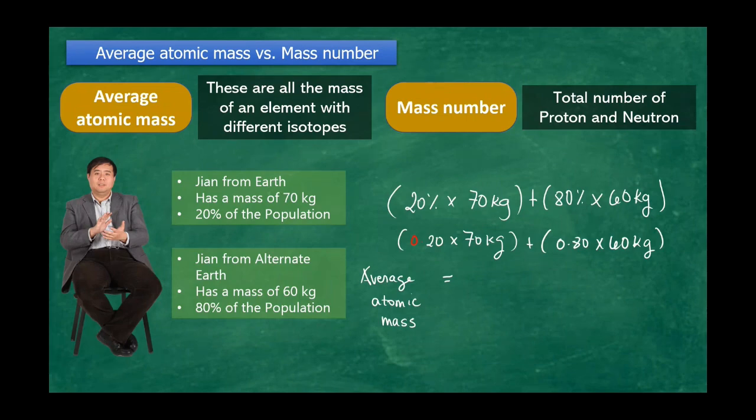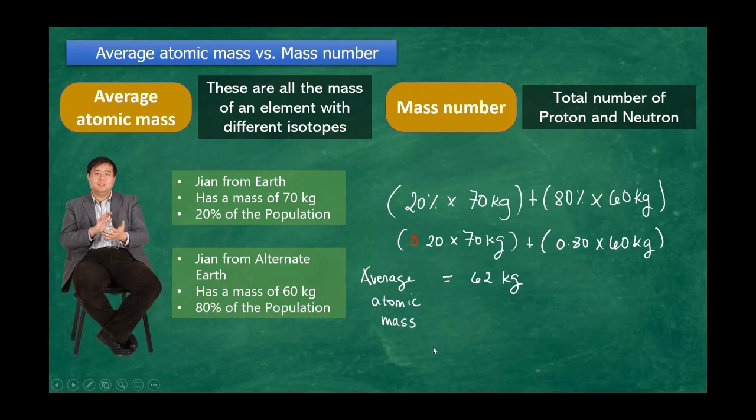Then we just add and that will be the average atomic mass. Okay, very good, Marwin. So the answer is 62 kilograms. That will be the average atomic mass of Gian.